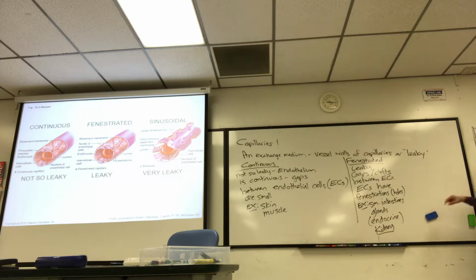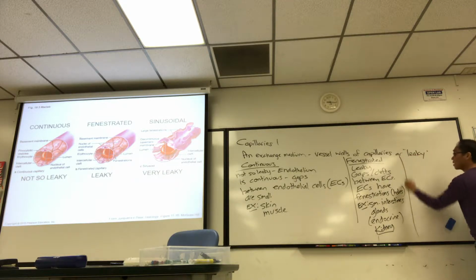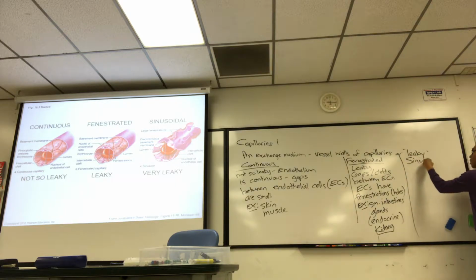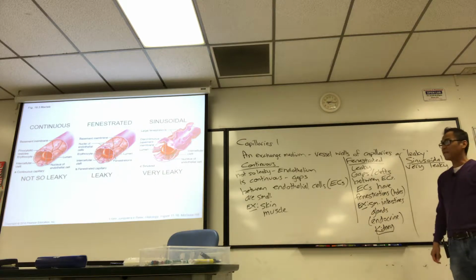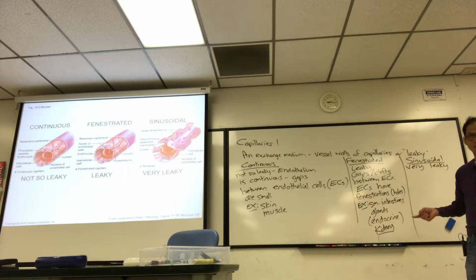And then sinusoidal, those are the leakiest, very leaky. Well, you can just look at the illustration. The gaps and the clefts and the fenestrations are the largest. They actually allow whole cells to pass through the vessel wall, in and out of the blood.